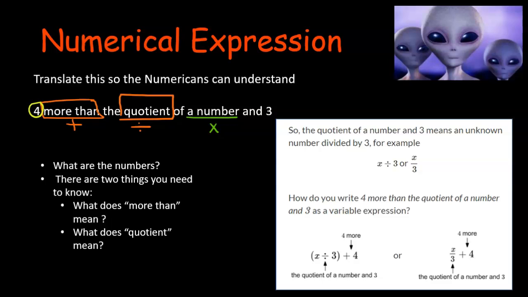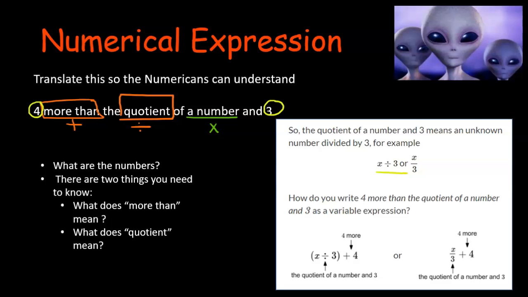I know this is a big mess, but if you break it down, you can do better. So, what are the numbers? They're 3 and 4. What does more than mean? Adding. And what does quotient mean? Division. So if you look over here in the white box, it says the quotient of a number and 3 means an unknown number divided by 3. So we can write it like this. X divided by 3.